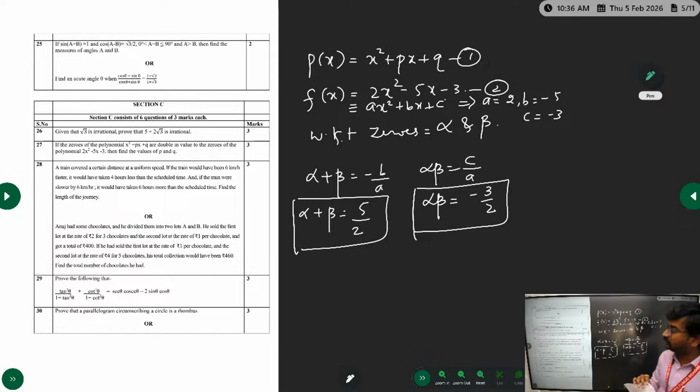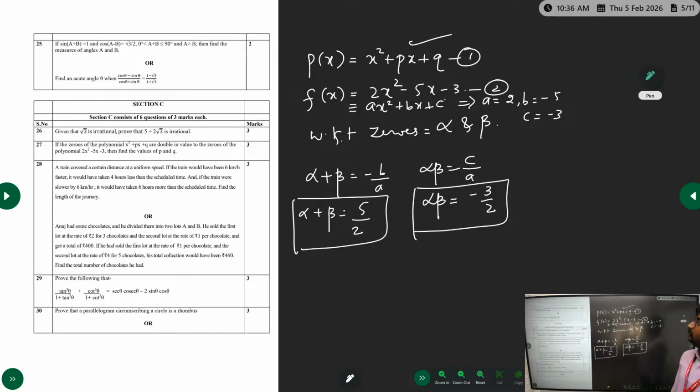Now in the question he said, the zeros of the first polynomial x square plus px plus q are double in length. And then what? Let alpha dash be 2 alpha. Who is this alpha dash? Zero of the first equation. Beta dash be 2 beta. Right?